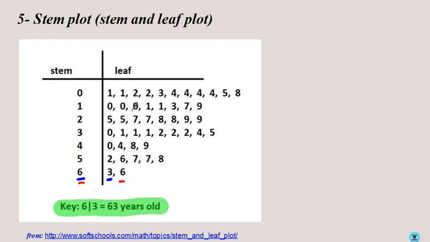Then 3 10-year-olds, 2 11-year-olds, and so on. This way, one quick look will tell us that the largest group is between 0 and 9, and the fewest are in their 60s.